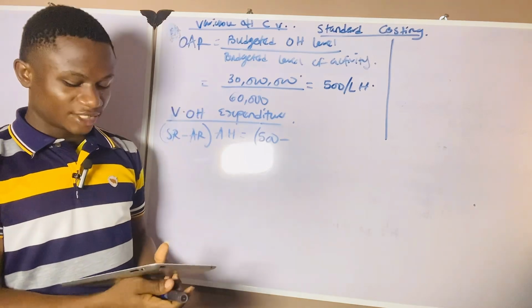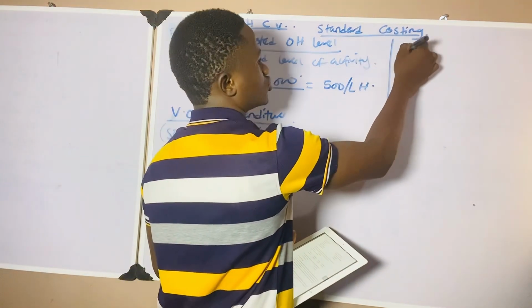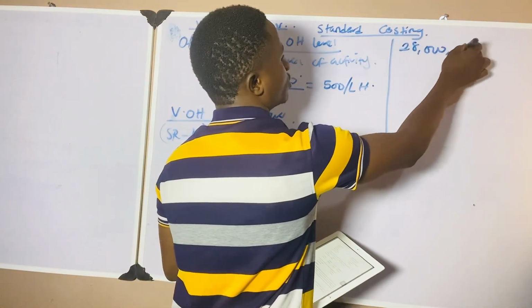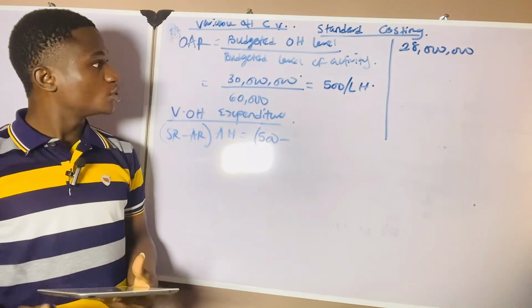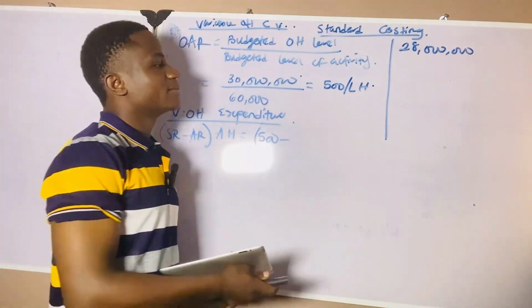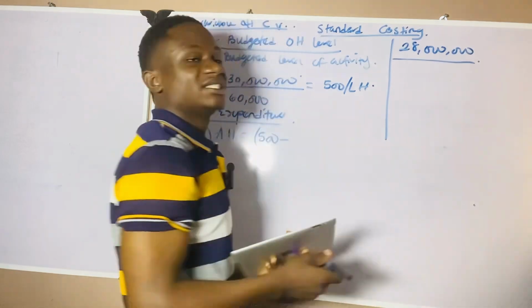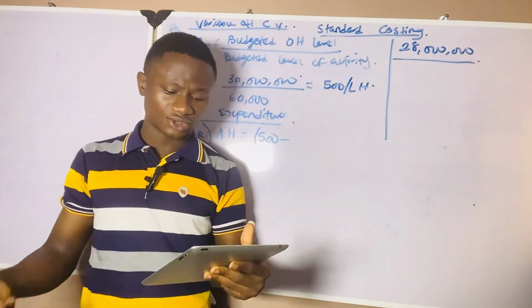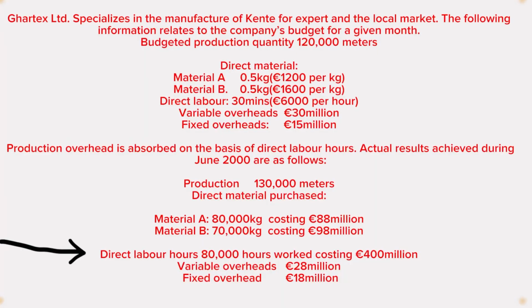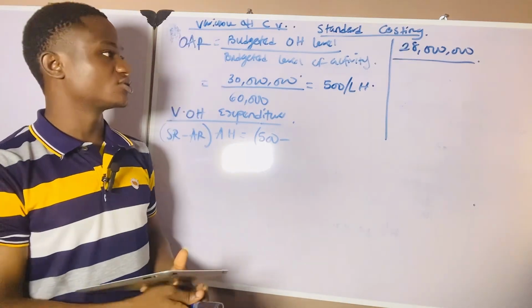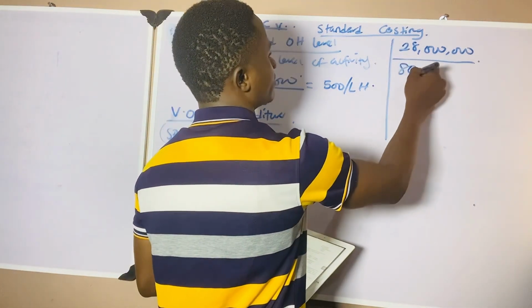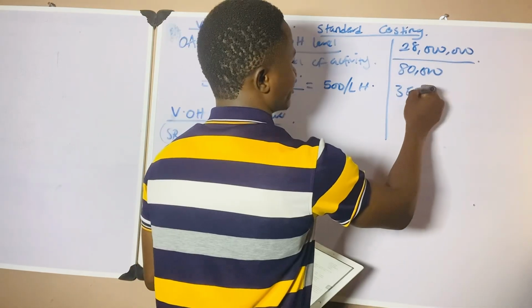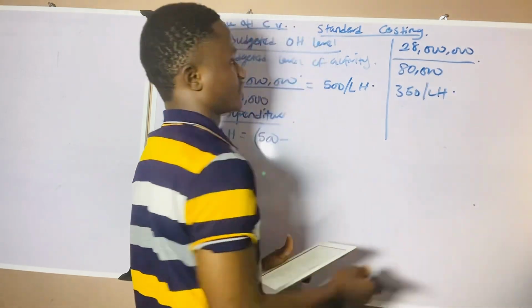The 28 million is the amount I eventually spent on variable overhead, divided by my labor hours. So how many labor hours do we have? If you go back to the question, we're told that direct labor hours worked were 80,000, costing 400 million. So 28 million divided by 80,000 is 350 per labor hour.